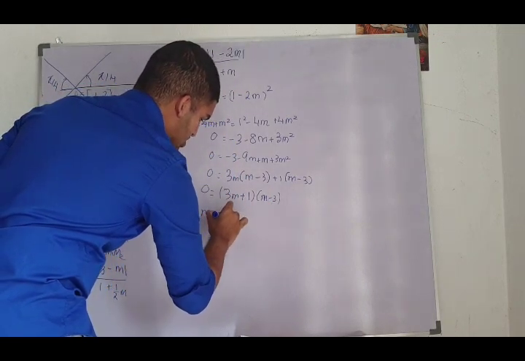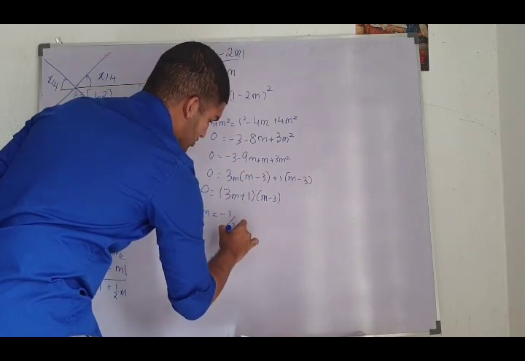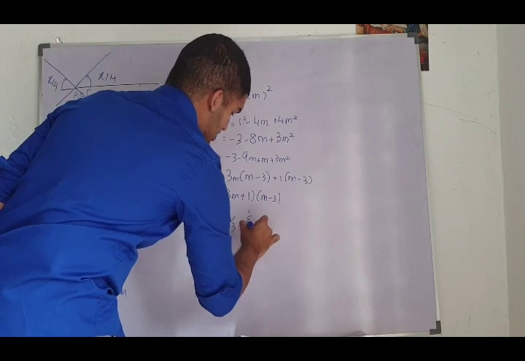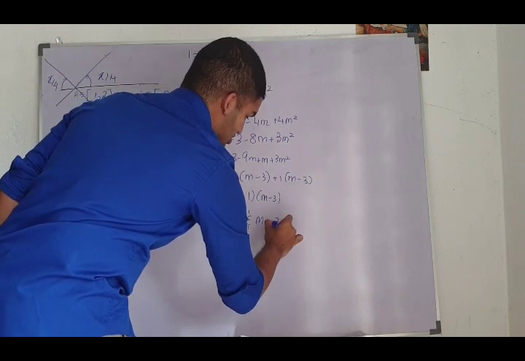So m is equal to minus 1 over 3, and m is equal to 3.